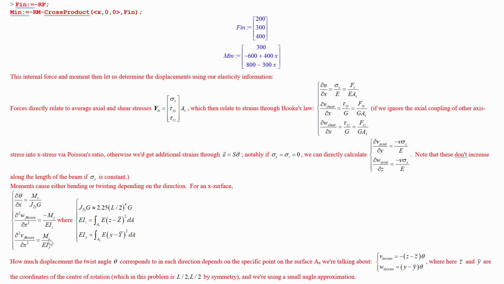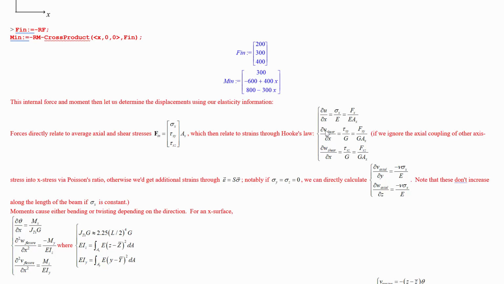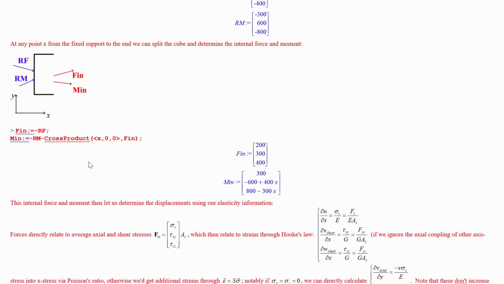The moment in z, though, is the one that we were dealing with most of the time last week. This moment in the z direction would be out of the page, and that's going to be causing a curvature in the positive y direction through the flexural rigidity in that direction. So we have a number of different sources of y and z displacement on this cross section.